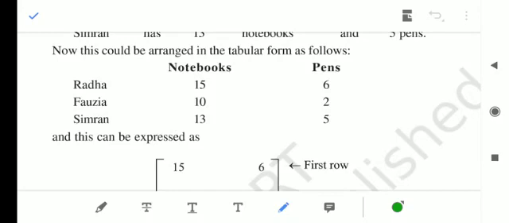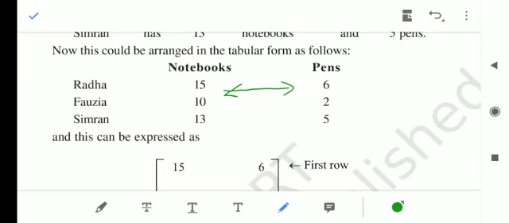Dear children, can you suggest if I interchange 15 with 6, is it possible? If I place 15 to the right and 6 to the left, then it will say that Radha has 6 notebooks and 15 pens. So it is not possible.